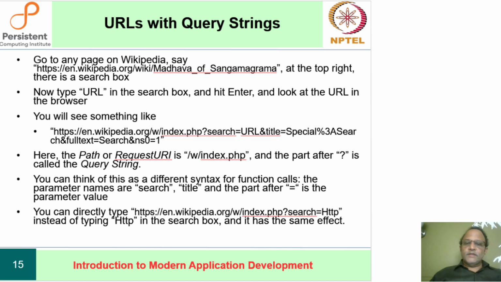In this case, the path, or what is called the request URI, is this part that I'm going to highlight. It is /w/index.php. The part after the question mark is called the query string, and in the current example it has things like search and title and so on, and we go on until the end of these special characters.